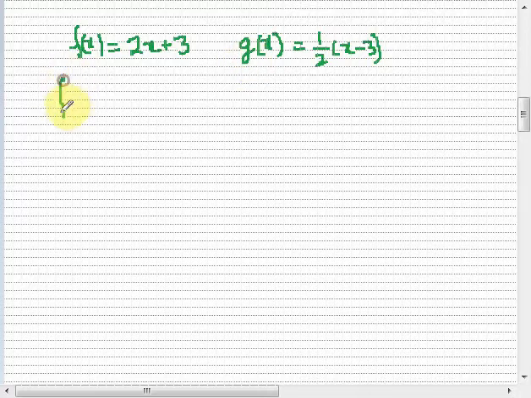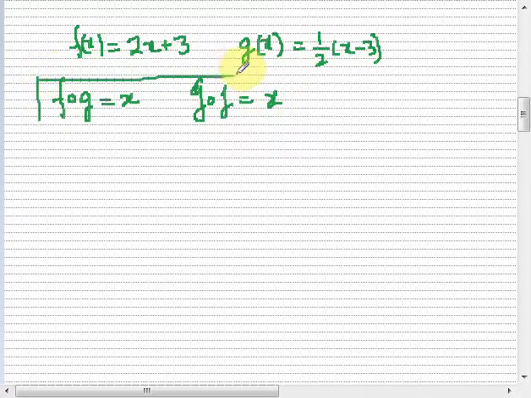If we calculate f of g, you can calculate yourself, it will come as x. And also g of f, if calculated, will come as x. So both conditions are getting fulfilled, that is, fx and gx are inverse of each other.